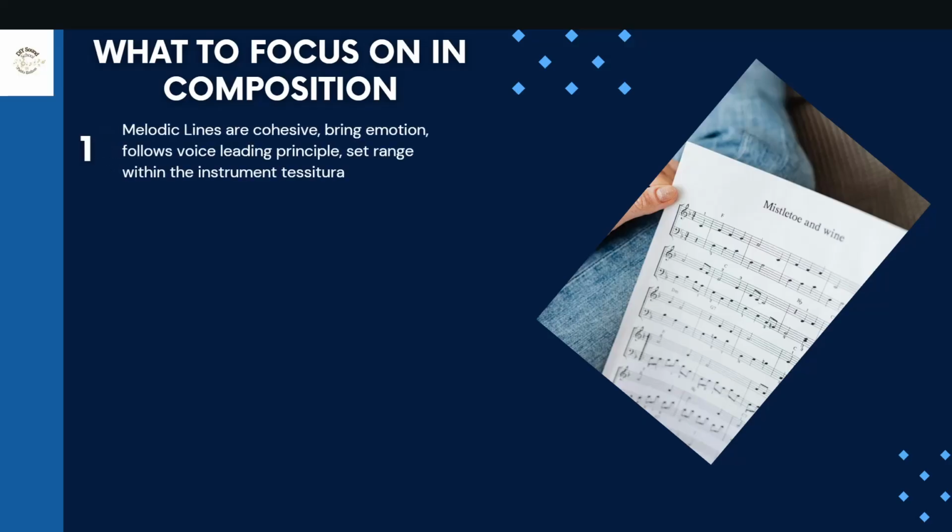There are 3 aspects that have to do with the shape of a composition, a figure, I will call it: the melodic lines, basically the voice leading principle, and the range and tessitura within the instrument. The melody is probably one of the most important aspects of the music, reaching out to the listener very strongly, and we need to make sure that we build good melodic lines.